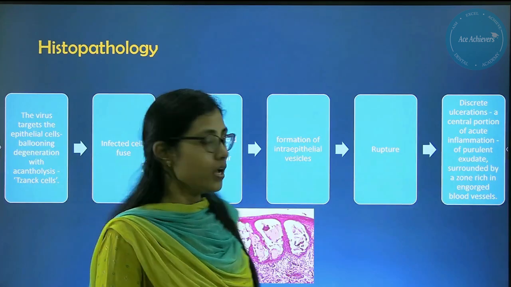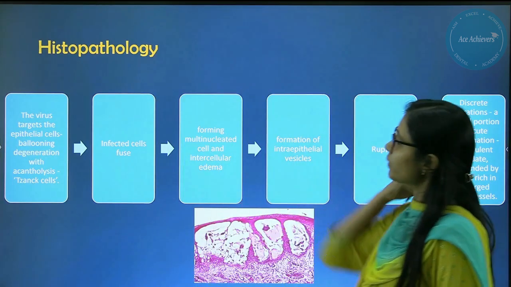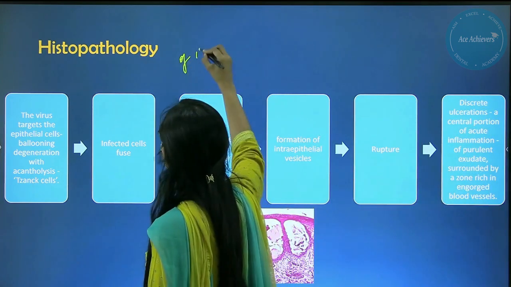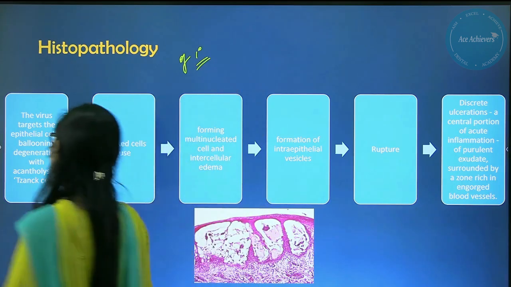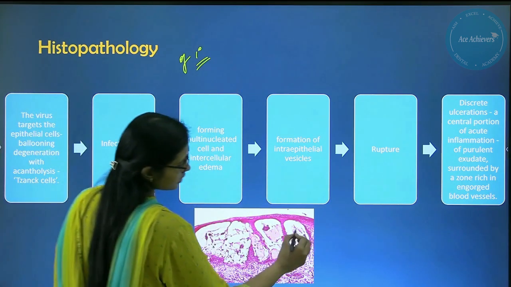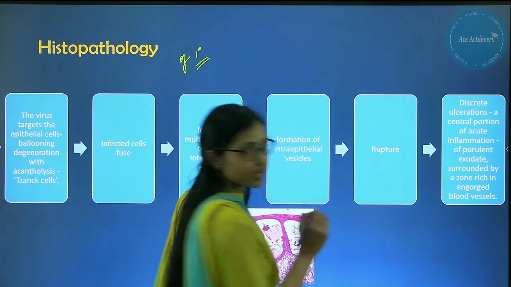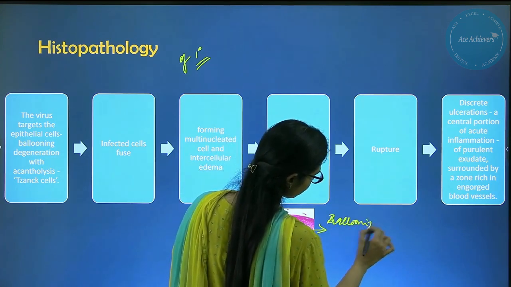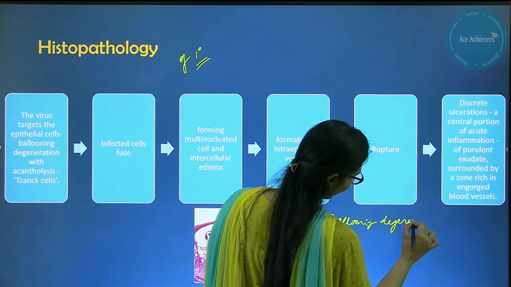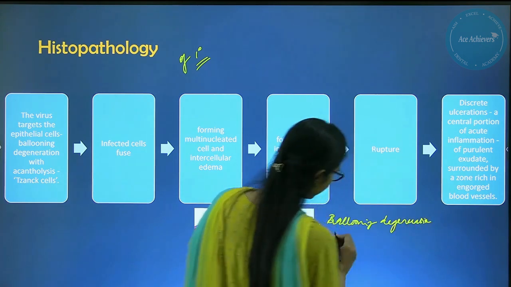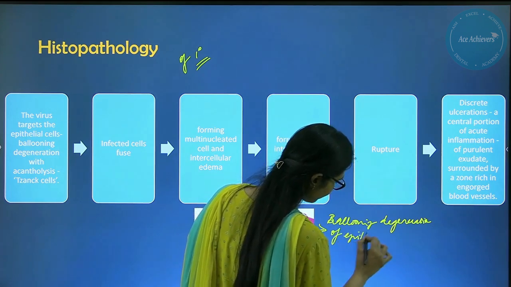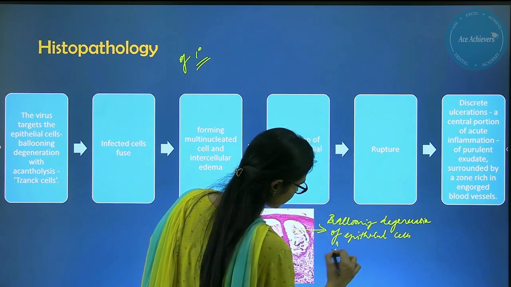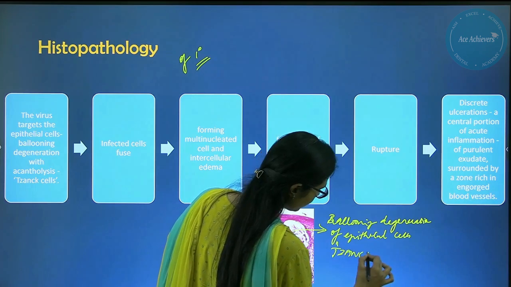Now, when we understand the histopathological view of primary herpetic gingivostomatitis, the virus targets the epithelial cells. There is ballooning degeneration of the epithelial cells, which is an important classic term for this condition; these degenerated cells are called Zahn cells.